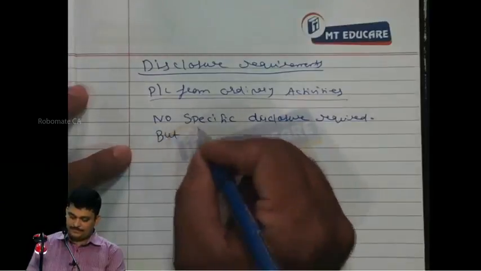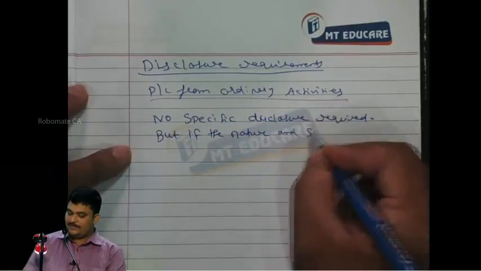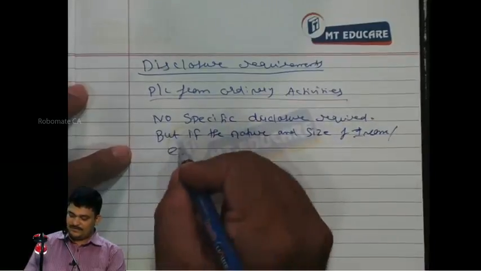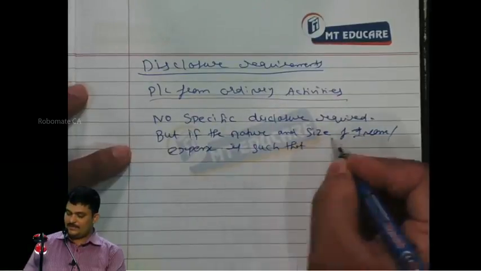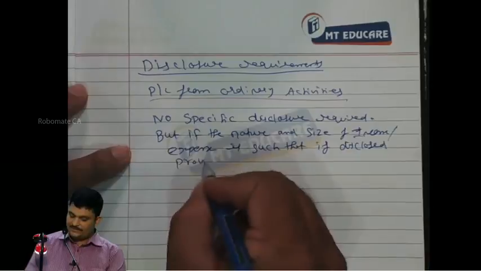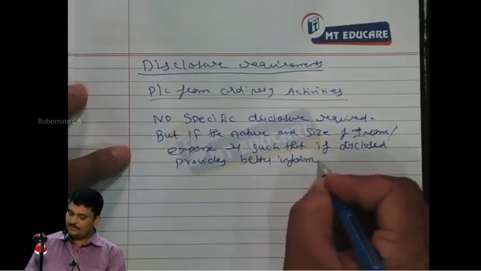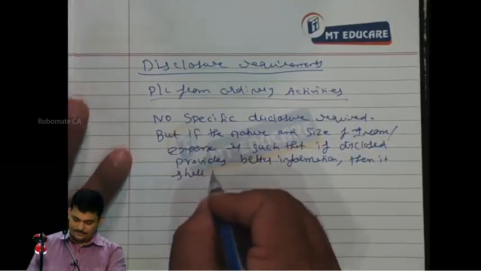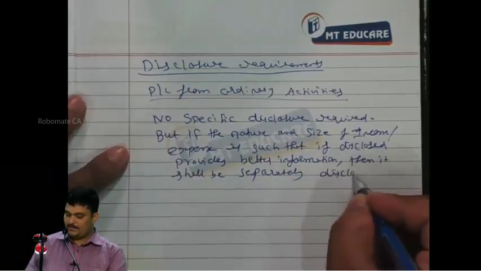But if the nature and size of an income or expense is such that, if disclosed, it provides better information, then it shall be separately disclosed.